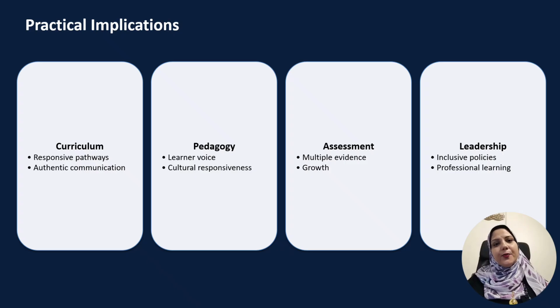For pedagogy, it encourages learner-centered and culturally responsive teaching. And for assessment, it values multiple forms of evidence and recognizes learner growth. And finally, school leadership plays a key role in creating policies and professional learning that support inclusive Arabic language education.